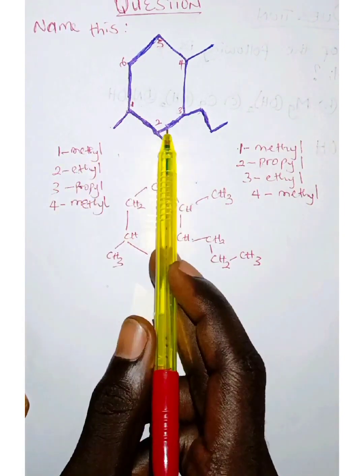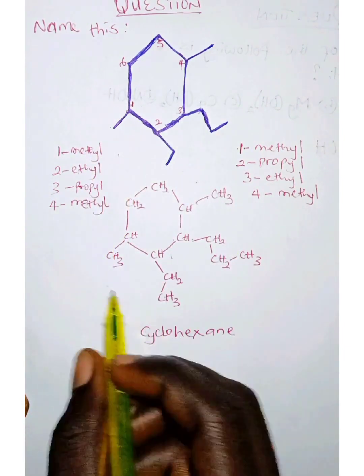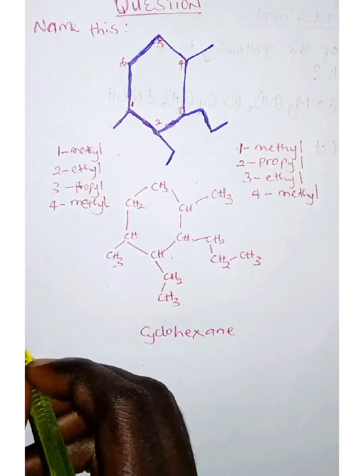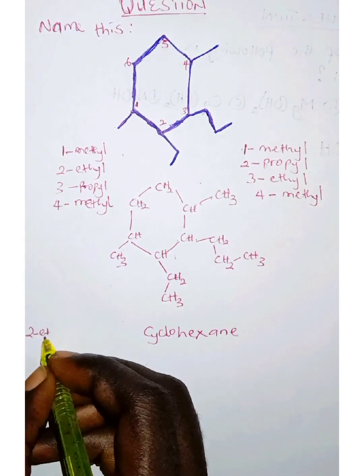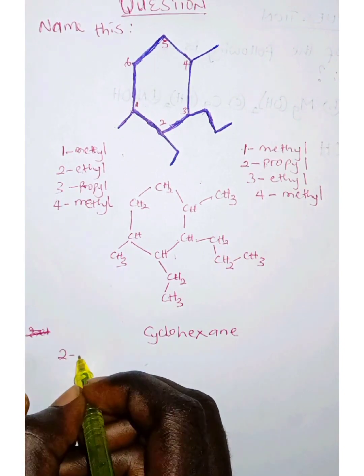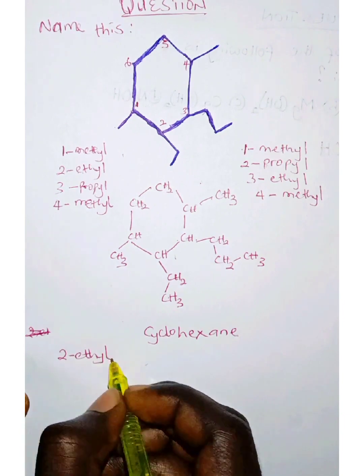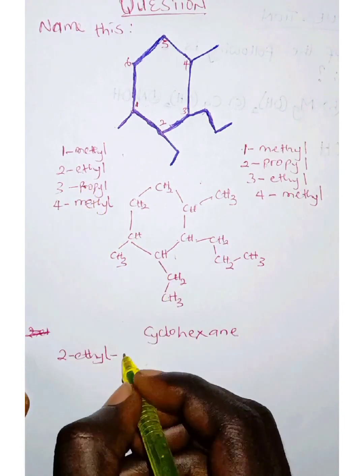So let's come and fix the attachments. In fixing the substituents, we start alphabetically. E comes first, so we will have 2-ethyl. And then what next? Between M and P, M comes next.